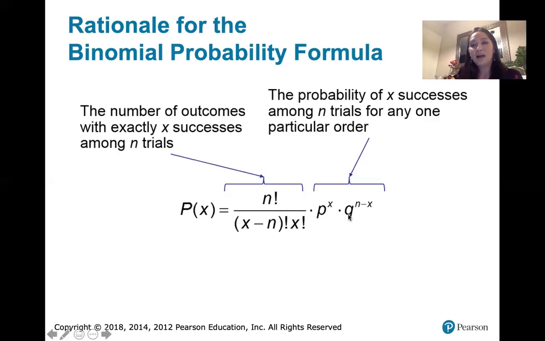Now, for the remaining positions, if we succeeded X times, we failed N minus X times. The probability of failure in a single trial is Q. So by the multiplication rule, we would multiply by the probability of failure, by the probability of failure, and by the probability of failure again, N minus X times.